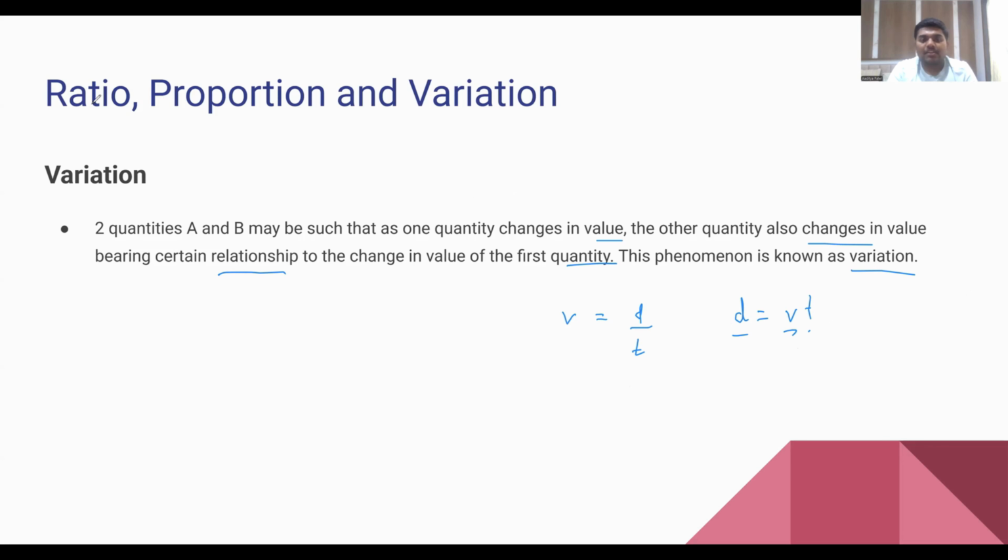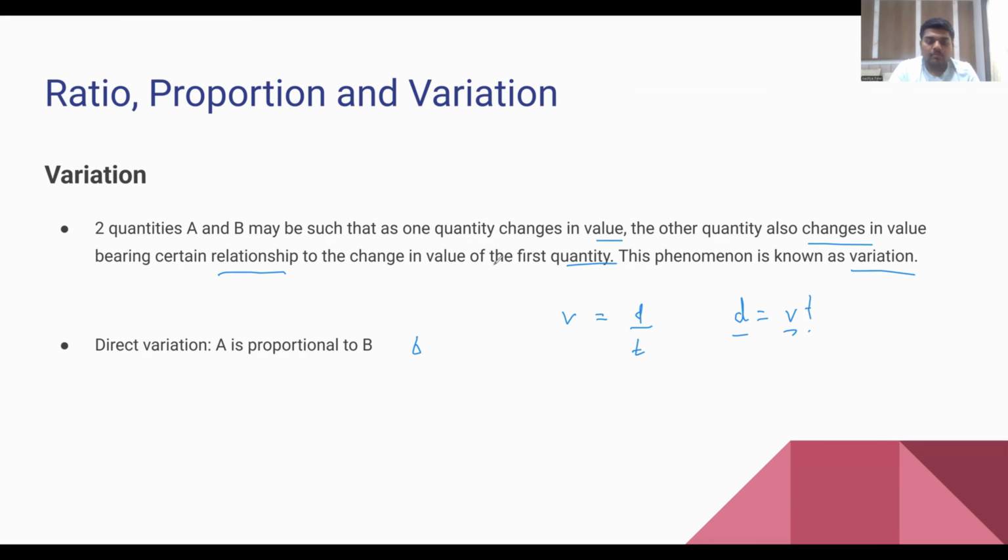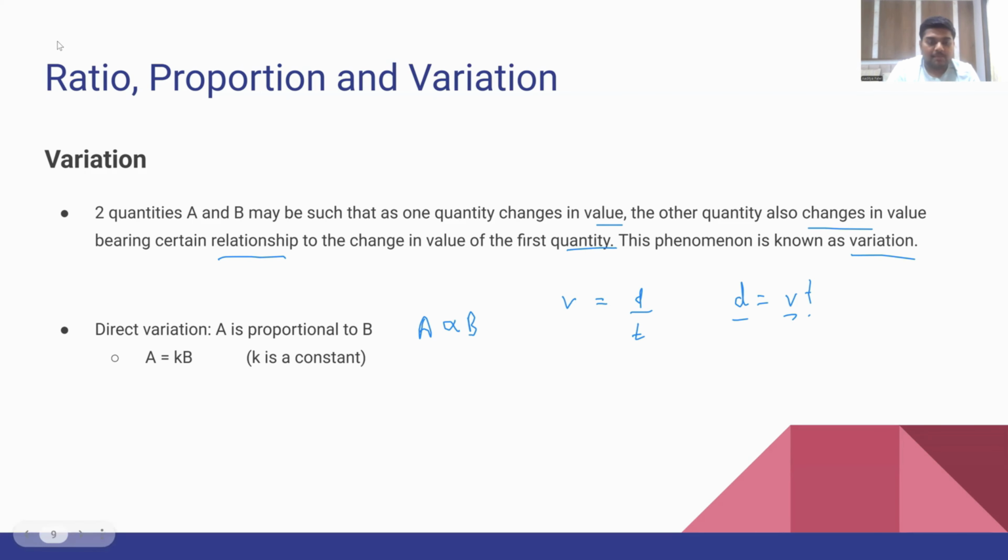Now there are certain nomenclatures of variations, which are direct variation wherein A is proportional to B. This is the way we write the direct proportionality sign. And here we can say that A is equal to KB, wherein K is a constant.